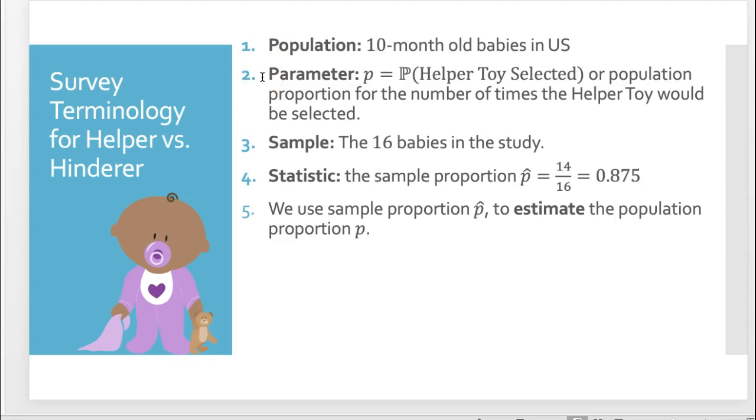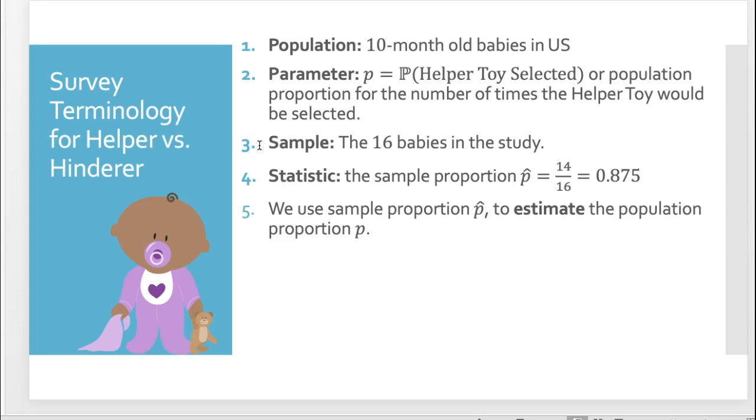I want to know if it's going to be significantly greater than 50%. We're hoping our research question is stating that the babies recognize behaviors, therefore they're more likely to select the helper toy. And then our sample here is the 16 babies. So one thing to note is, how did you collect the 16 babies in your study?